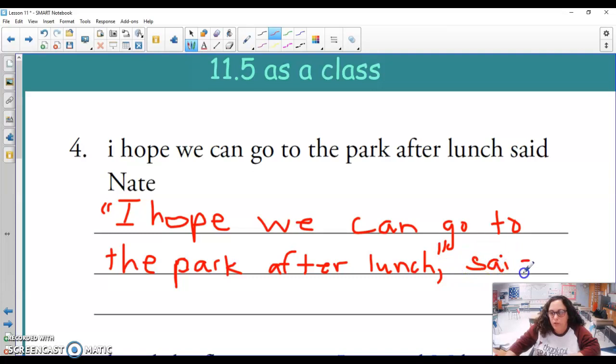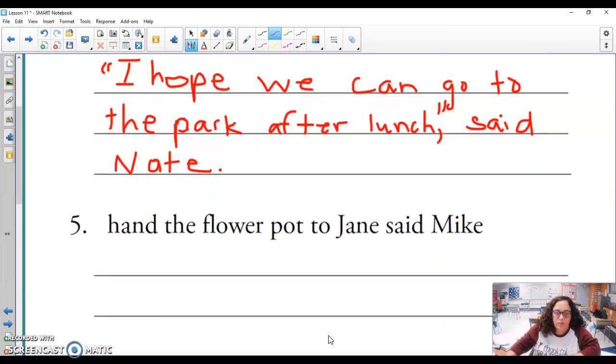And to put the punctuation mark at the end, did Nate say a telling sentence, an asking sentence, or an exclaiming sentence? If he says, "I hope we can go to the park after lunch," is that telling, asking, or exclaiming? Yes, it's telling, so you put a period.